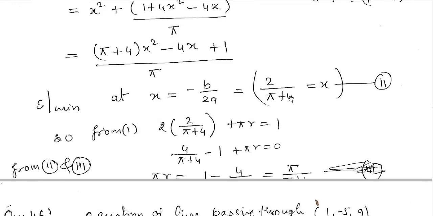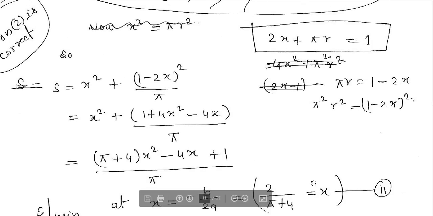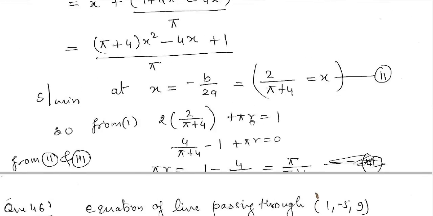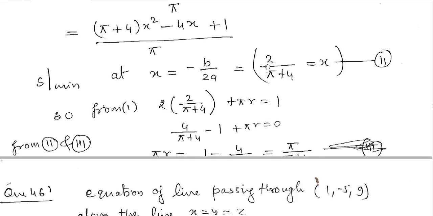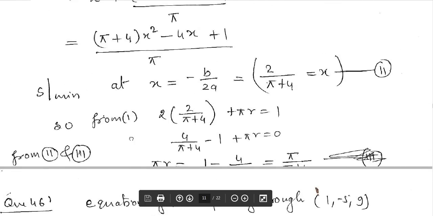In the same way, from the first relation we get x, this is the value at which S has its minimum value. At that point x equal to this, and if we substitute x, then we are getting r equal to 1 upon pi plus 4.